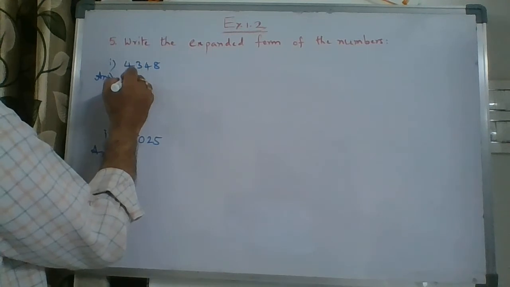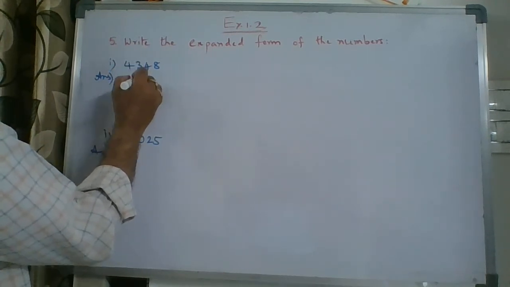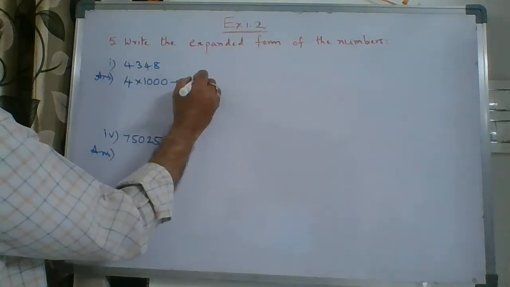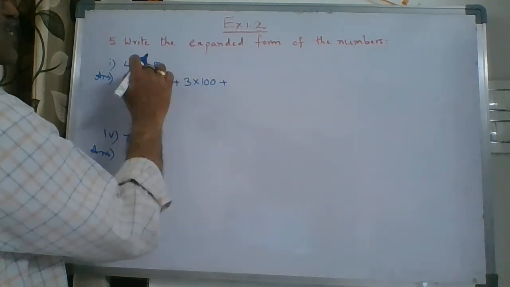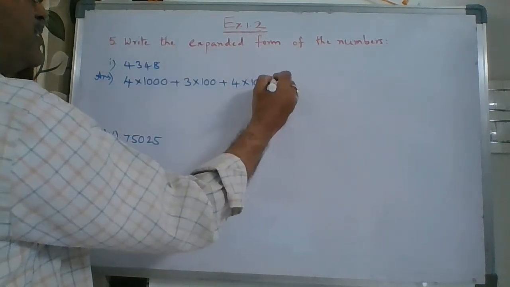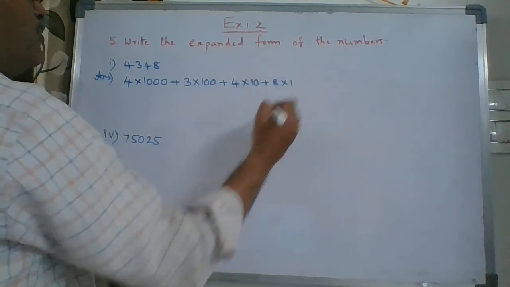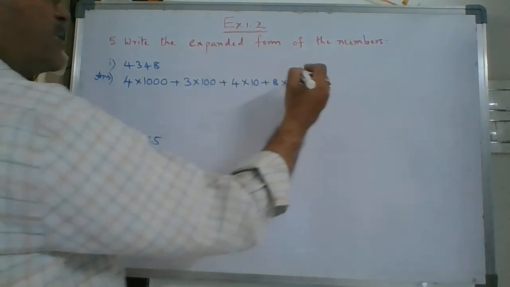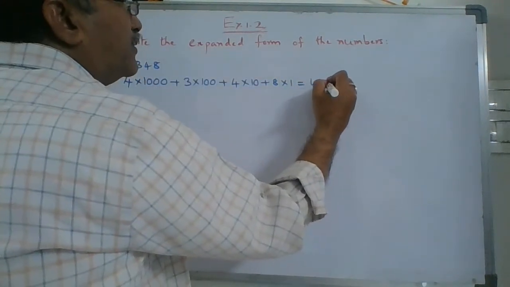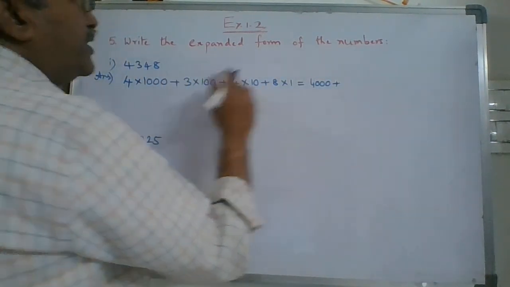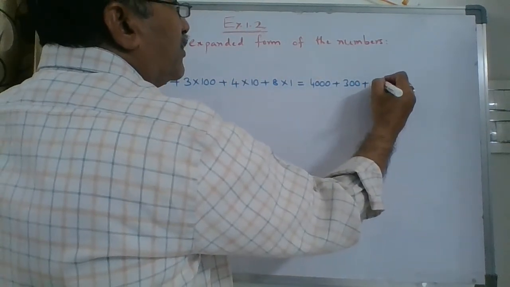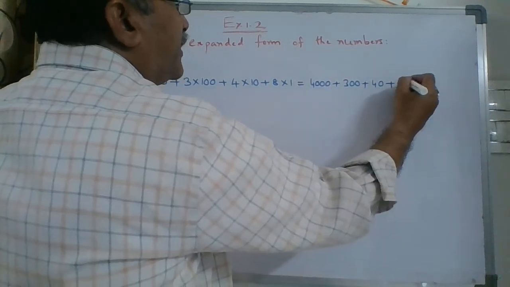Therefore, this can be written as 4 into 1000 plus 3 into 100 plus 4 into 10 plus 8 into 1. So that we can write as equal to 4000 plus 300 plus 40 plus 8.